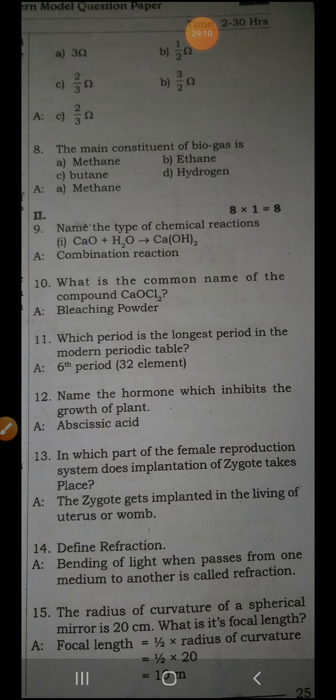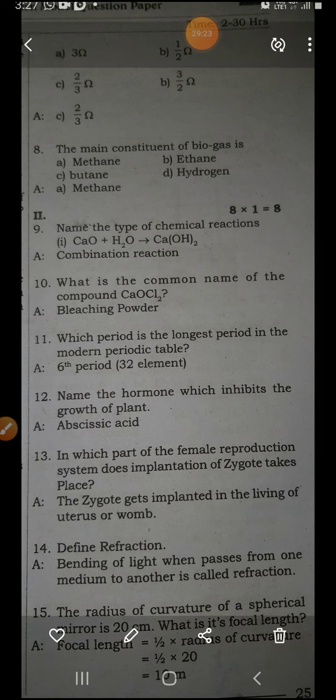In which part of the female reproductive system does implantation of a zygote take place?